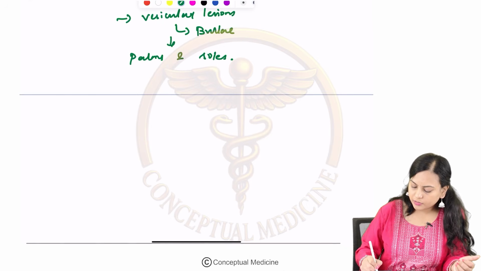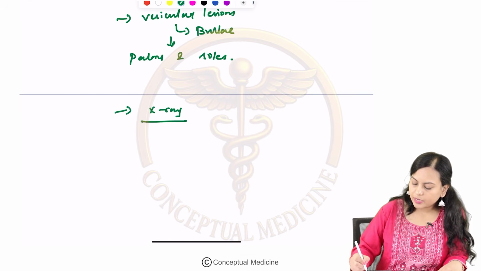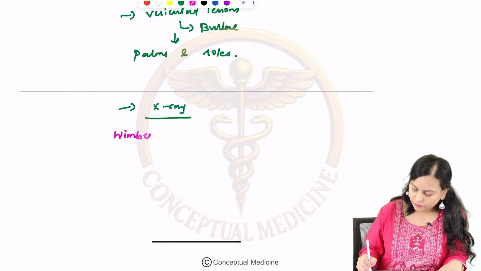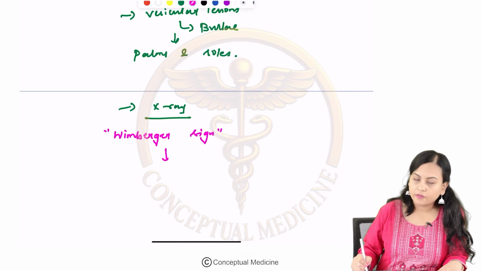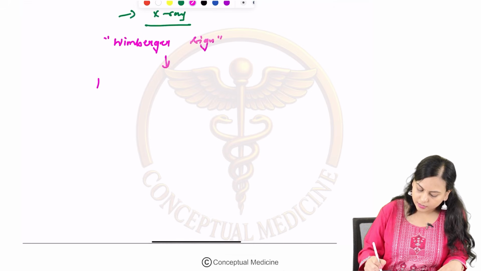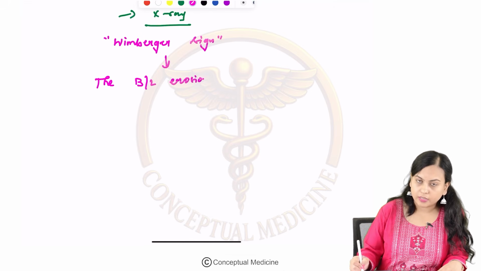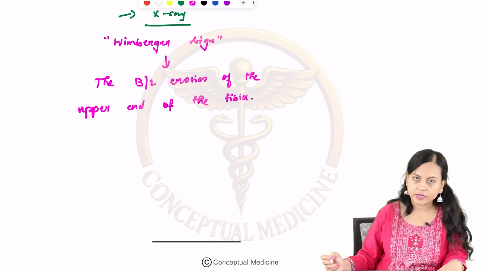Okay, and during this early syphilis phase, if you take the X-ray, you will be able to see a sign called as Wimberger sign. Okay, which is nothing but the bilateral erosion of the upper end of the tibia, right?